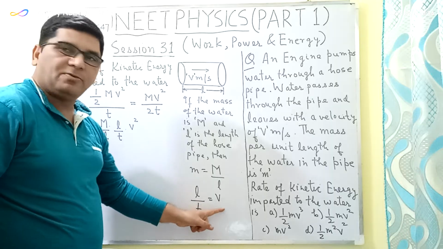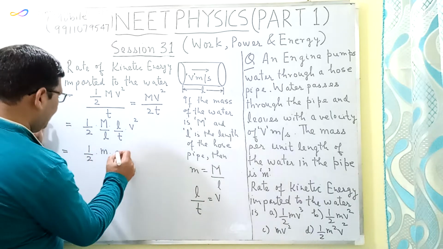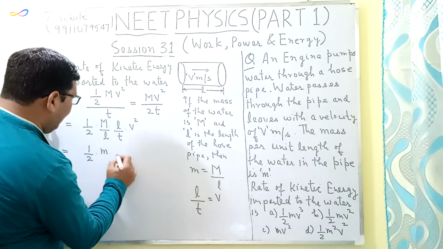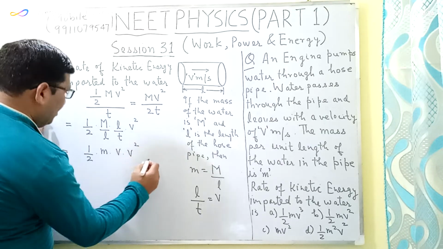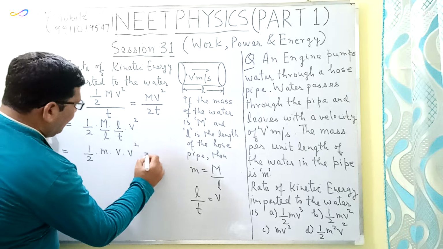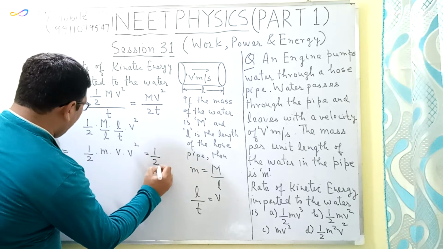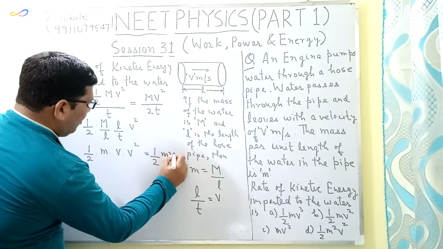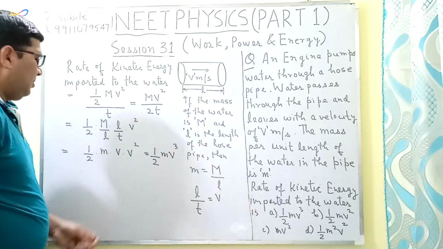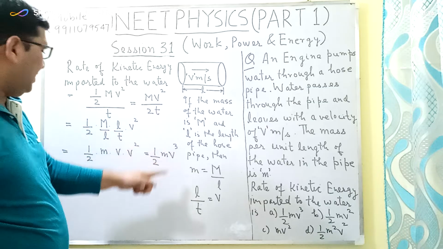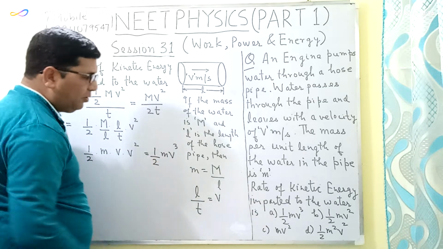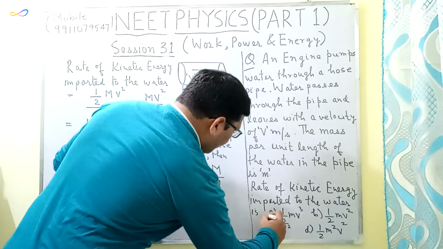So L upon T will be equal to V. So I will be substituting the value of L by T as V and into V square. So finally we are getting the answer as 1 by 2 m V cube. That is, the rate of kinetic energy imparted to the water is equal to 1 by 2 m V cube, and here the correct option is A.